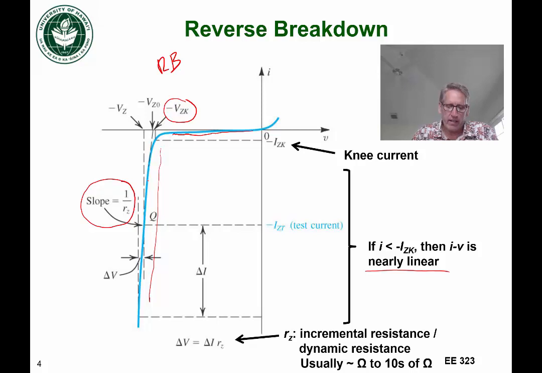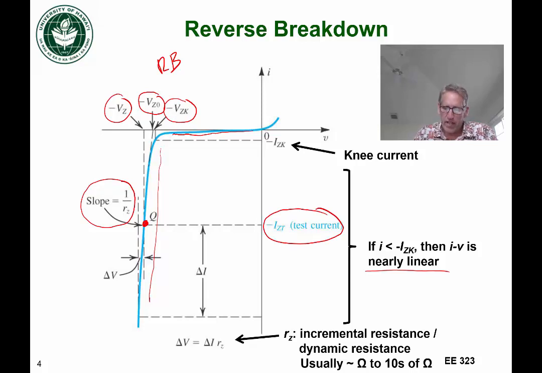Now if we take the intercept of this straight line with the x-axis, we come up with this value VZ0. And then finally, VZ would be the voltage at our operating point, for example, and there's an associated current at that operating point.